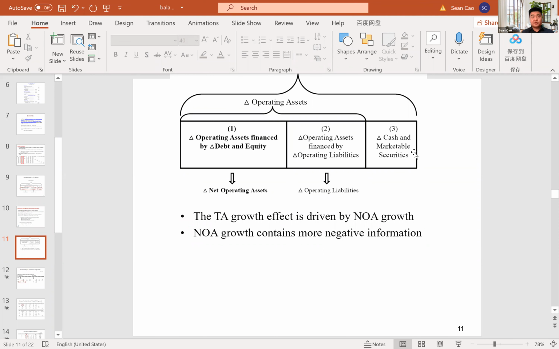Because the original theory is all growth is bad. What we want to tell is if the growth is financed by suppliers, it's good growth. If growth is financed by the others, it's bad growth. So you have to calculate this measure.